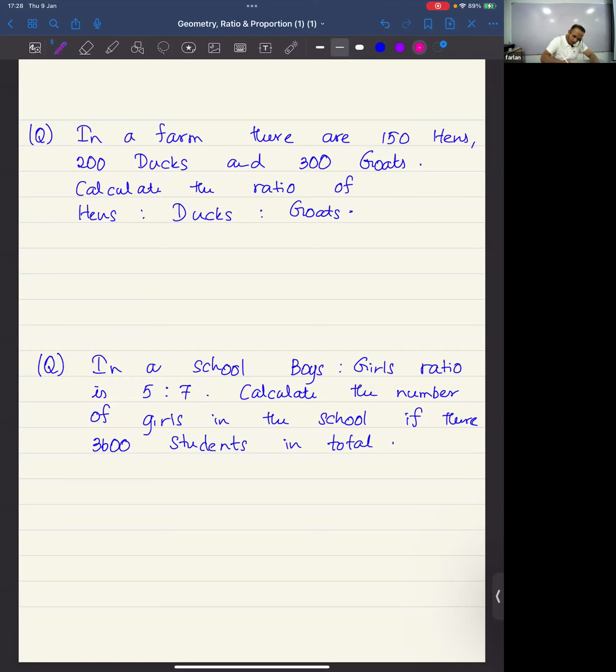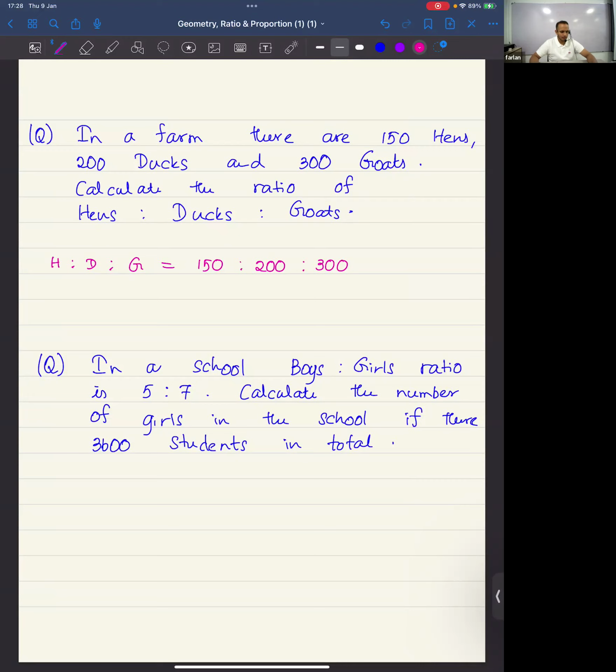Right, guys, I'll take it as now H is to D is to G. Hens to ducks to goats. 150 hens, 200 ducks, 300 goats. Now you should see, is there a common factor with which you can divide all 3 quantities, all 3 values?